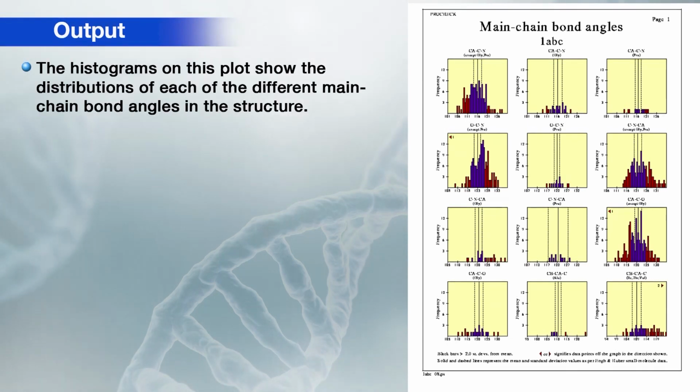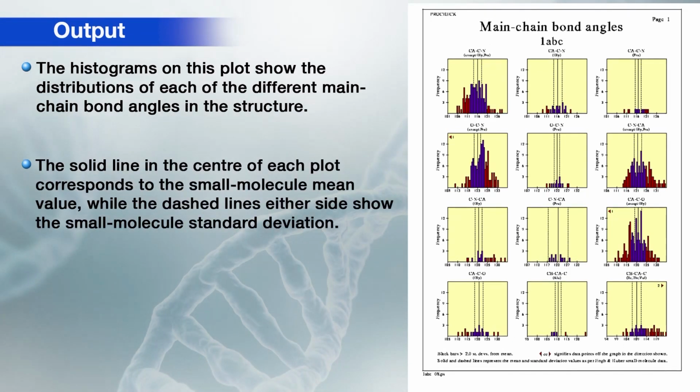This histogram plot shows the distribution of each of the different main chain bond angles in the structure. The solid line in the center of each plot corresponds to the small molecule mean value of all the amino acid conformations, while the dashed lines either side show the small molecule standard deviation.